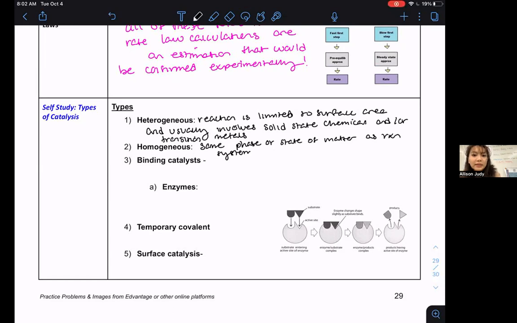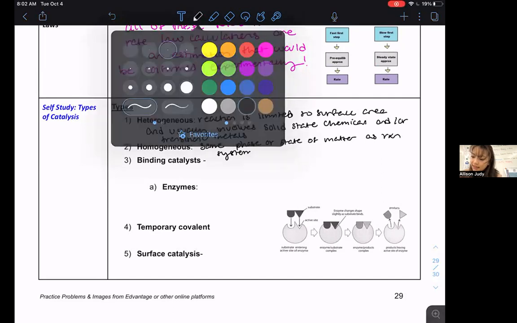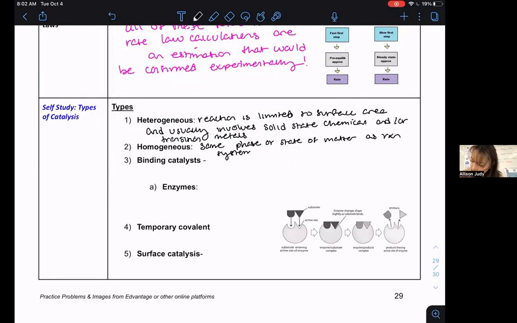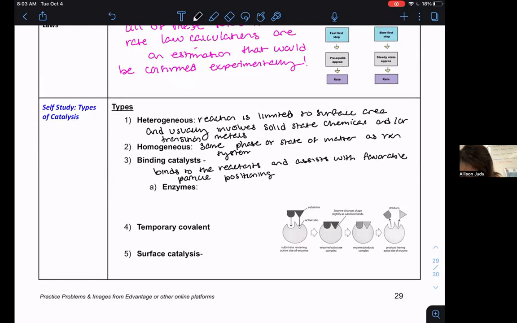A binding catalyst, you mainly see it in biochem, right? But this is a type of catalyst where it actually binds to the reactants and assists with favorable positioning, favorable particle positioning. For example, see below, right? Enzymes are just your biological catalysts that do this.